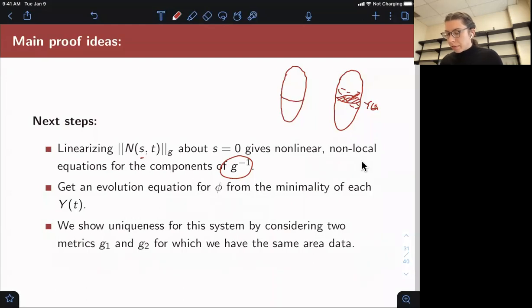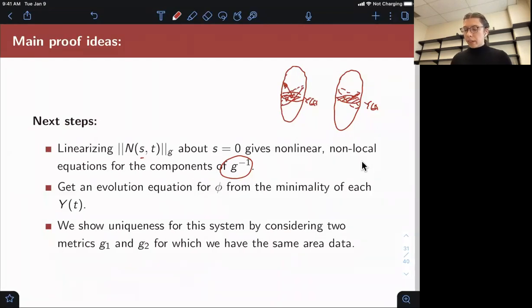Here's still my minimal surface, yt. And let me tilt it in a different direction. I may be drawing this not quite well, but let's do it this way. And get a new lapse function. And this now gives me two equations for two of the metric components that I don't know.